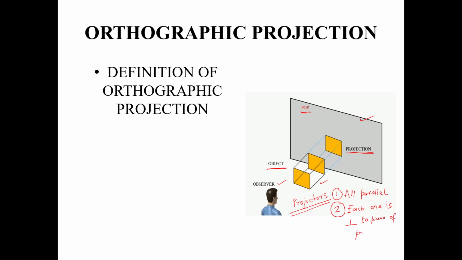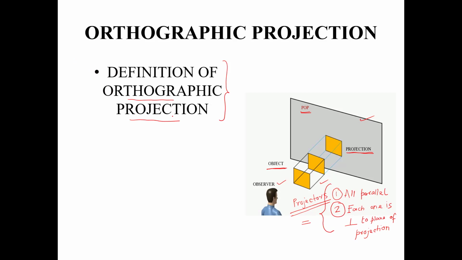Each projector is perpendicular to the plane of projection. So when these two characteristics are satisfied by the collection of projectors, then the method of projection which is being followed, that is called as orthographic projection. This is the definition of orthographic projection.